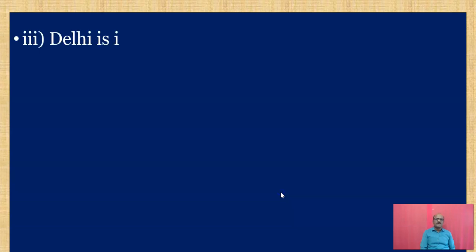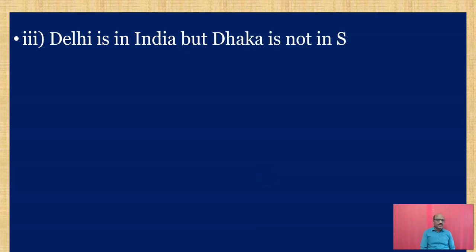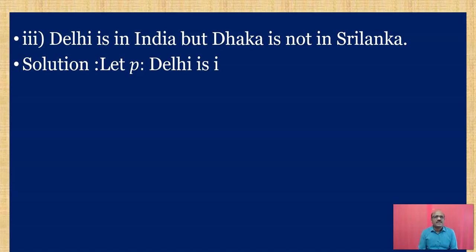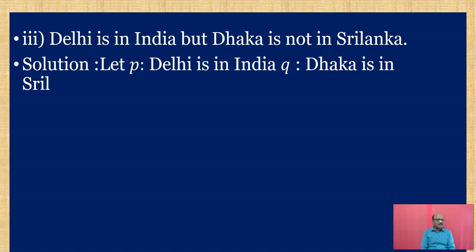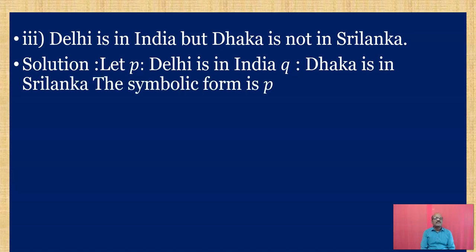Third one: Delhi is in India, but Dhaka is not in Sri Lanka. Now see this here: P is Delhi is in India, Q is Dhaka is in Sri Lanka. The symbolic form is P and negation of Q. Here the word 'but' stands for 'and'.